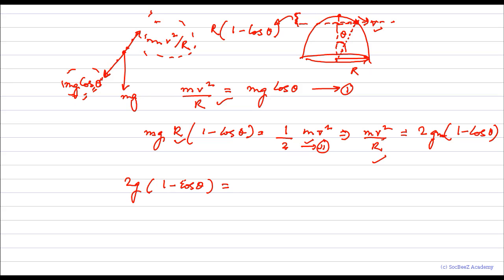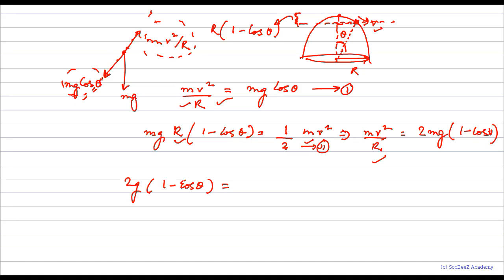So mv square by R turns out to be, let me write it down more properly, mv square by R turns out to be 2 mg into 1 minus cos of theta, okay, and that is what I substitute here.